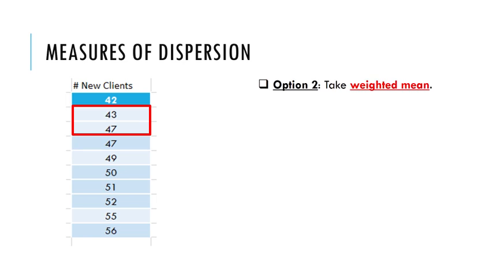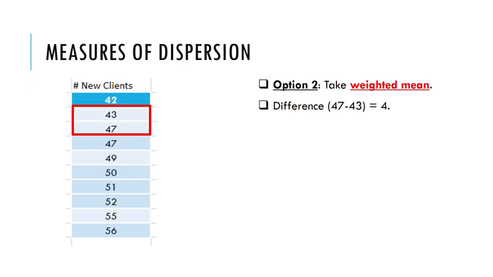Option 2 is a little trickier. We're going to take what we call the weighted mean. Now again, let's make sure we understand. We have 2.75 as our rank, but we don't have a week or observation 2.75. So look at that red square in my data here.